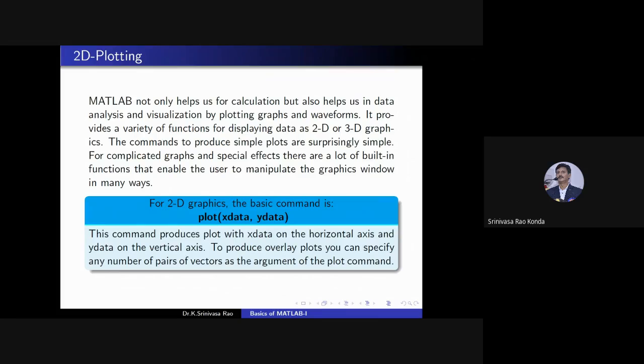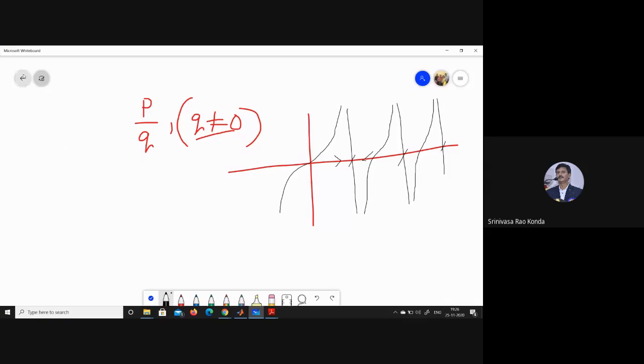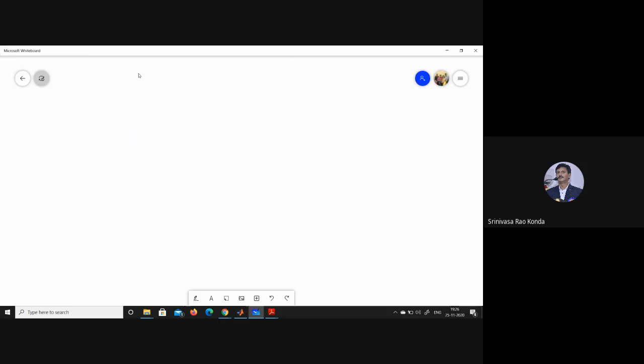So suppose you want to plot something. Very simple. You can easily understand this concept. Suppose I want to plot y is equal to sin x, in 0 to 2 pi.